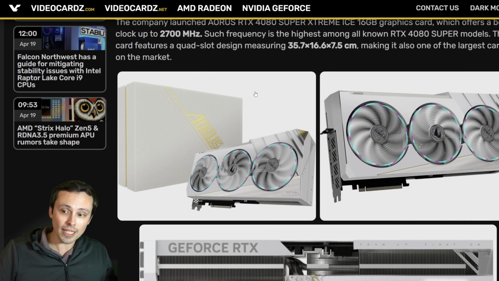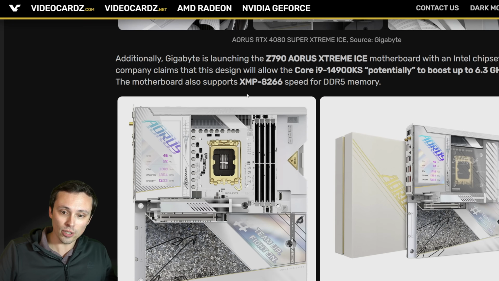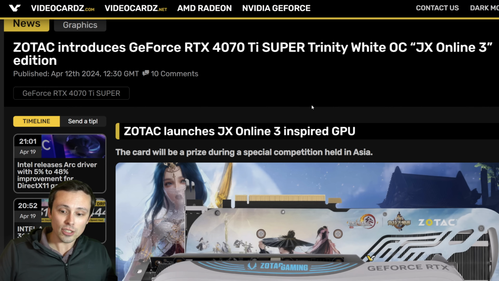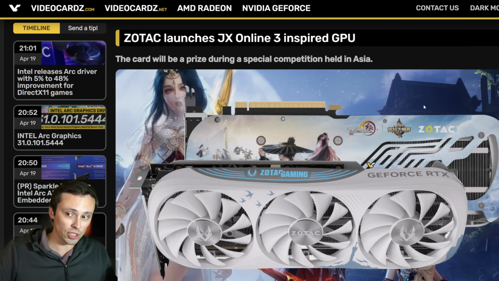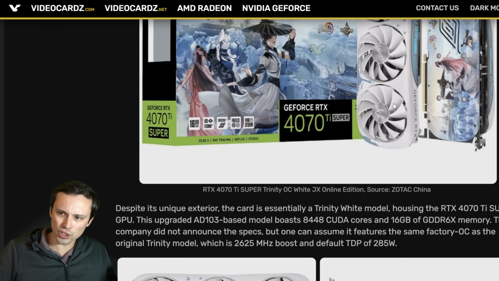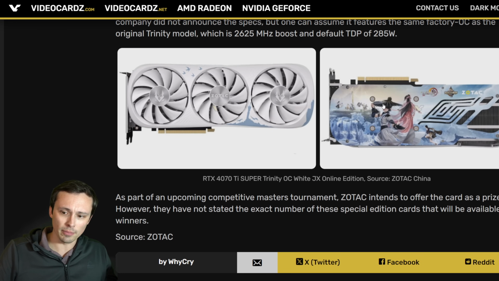So if you're interested in high-end white builds, that could be of interest to you. And we're also seeing a white GPU design coming from Zotac for their RTX 4070 Ti Super Trinity with a white OC model, JX Online 3 edition. But I'm pretty sure this is just available in the Asian market, if I am correct on that one.